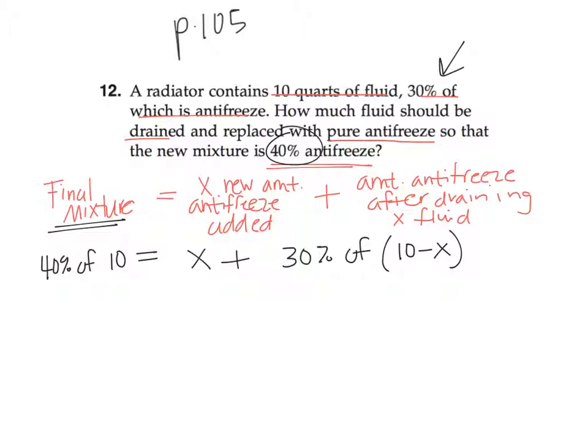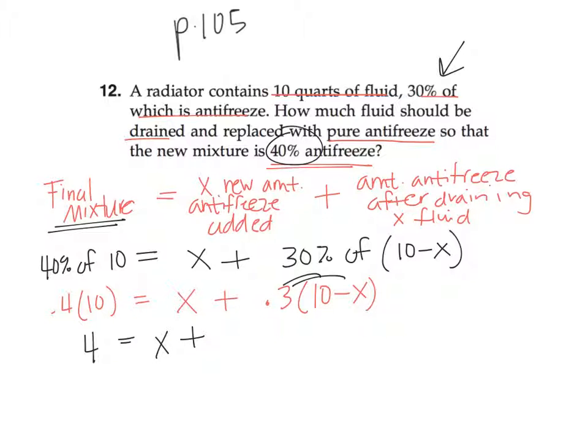Okay, we can go a step further here. This is just 0.4 times 10, which is X, plus 0.3 times 10 minus X. And now we have an easy equation to solve. 0.4 times 10 is 4. X plus, we distribute here, and we have 3 minus 0.3X.